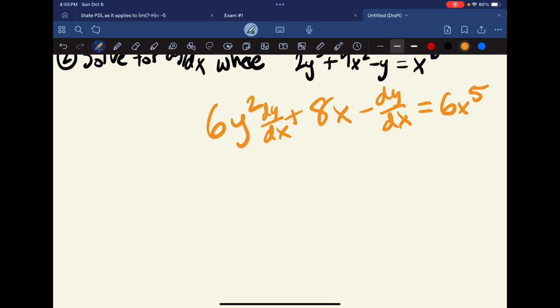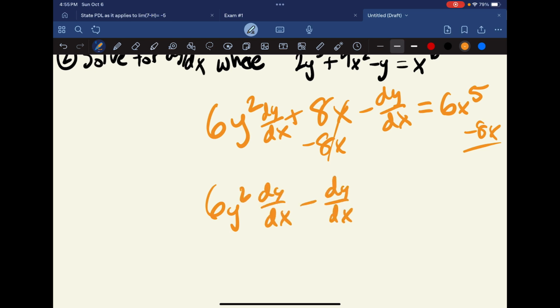And again, our goal is to solve for dy dx. We've got 2 dy dx terms here, and we need to isolate that, get it on one side. So the way we do that is we subtract 8x from both sides: 6y squared dy dx minus dy dx equals 6x to the 5th minus 8x.